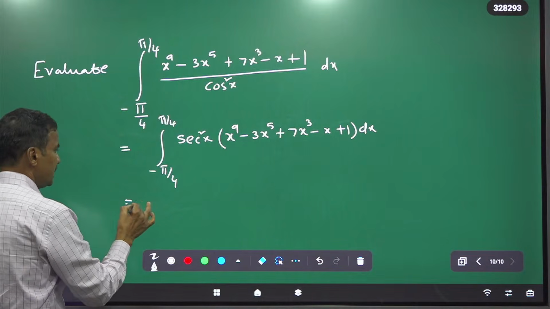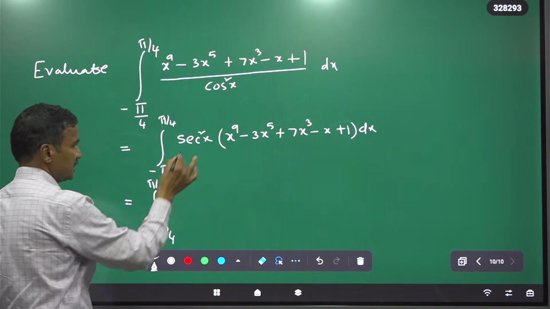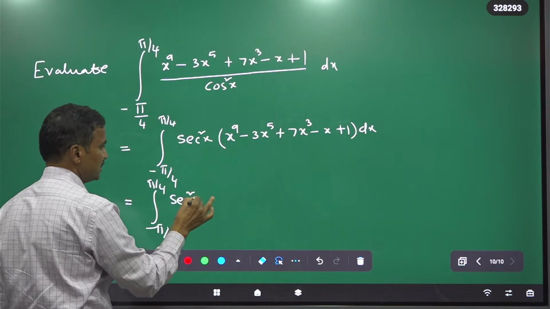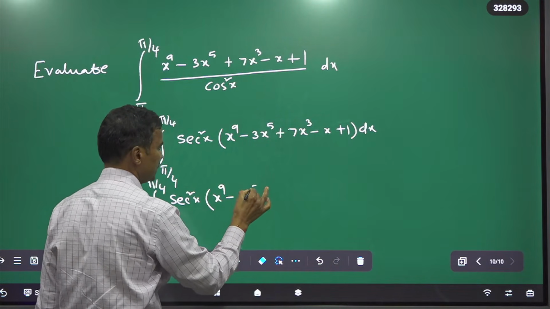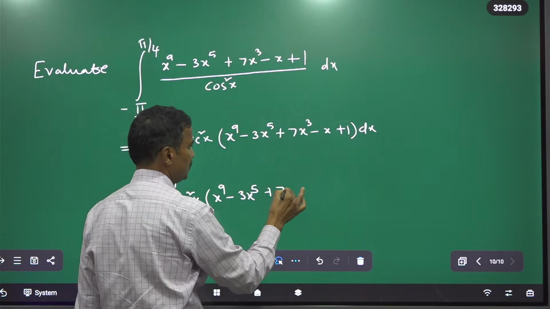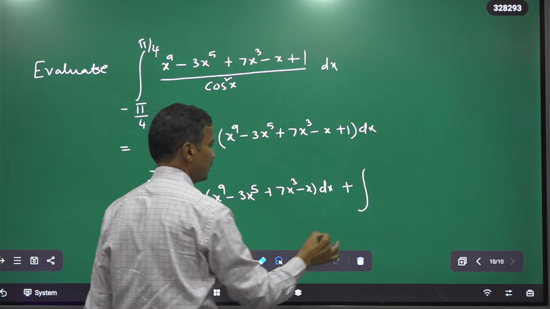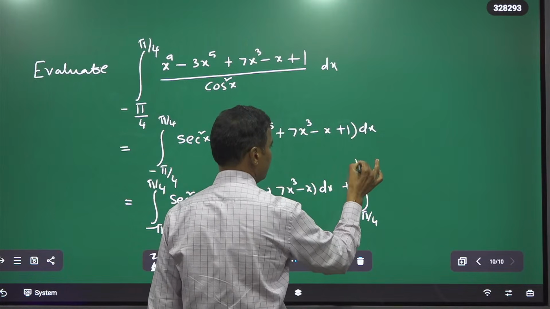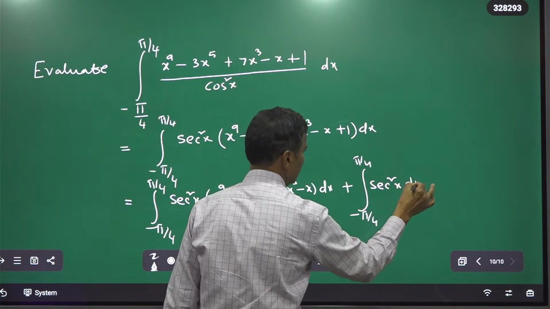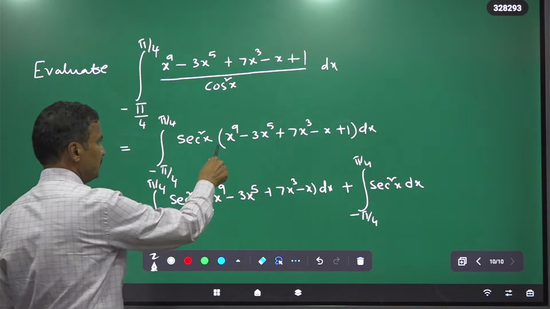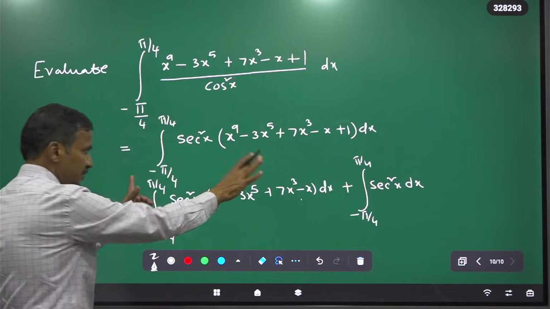Therefore, this can be written as integral of minus pi by 4 to plus pi by 4 secant square x into x to the power of 9 minus 3 into x to the power of 5 plus 7 into x to the power of 3 minus x dx, plus integral of minus pi by 4 to plus pi by 4 secant square x dx. We split it like this, taking these terms together and secant square x into 1 separately.